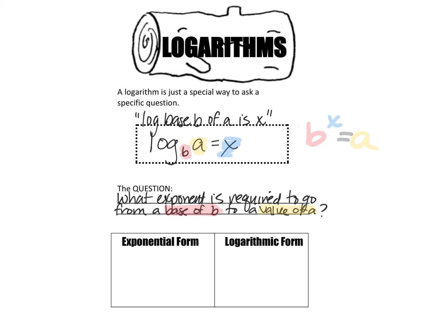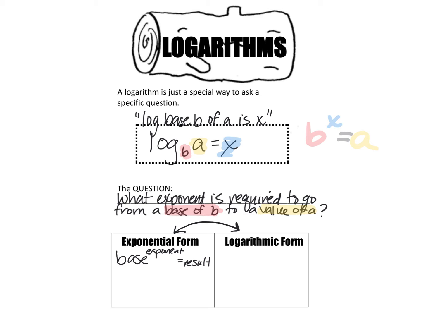Now we can transition or transform from exponential form to logarithmic form and back again. So these forms work both ways. Exponential form looks like base to the exponent equals the result.